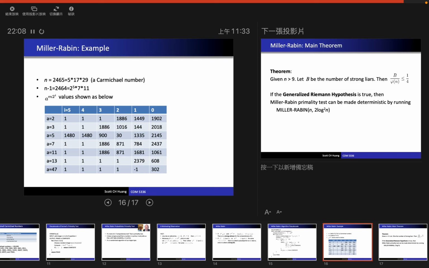This is -1, and then you go from -1 to 1. So this is not good. So this is useless. As we can see that all other test cases tell us that n is not prime.